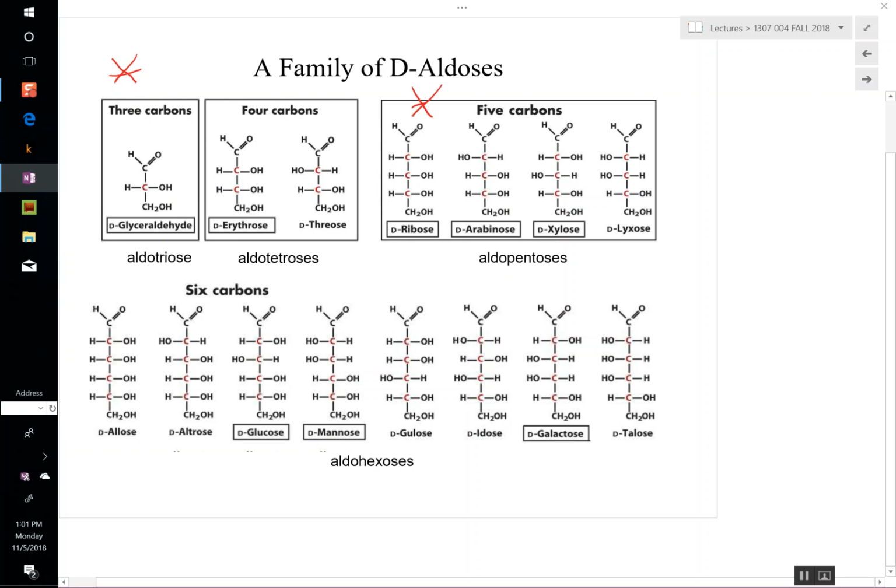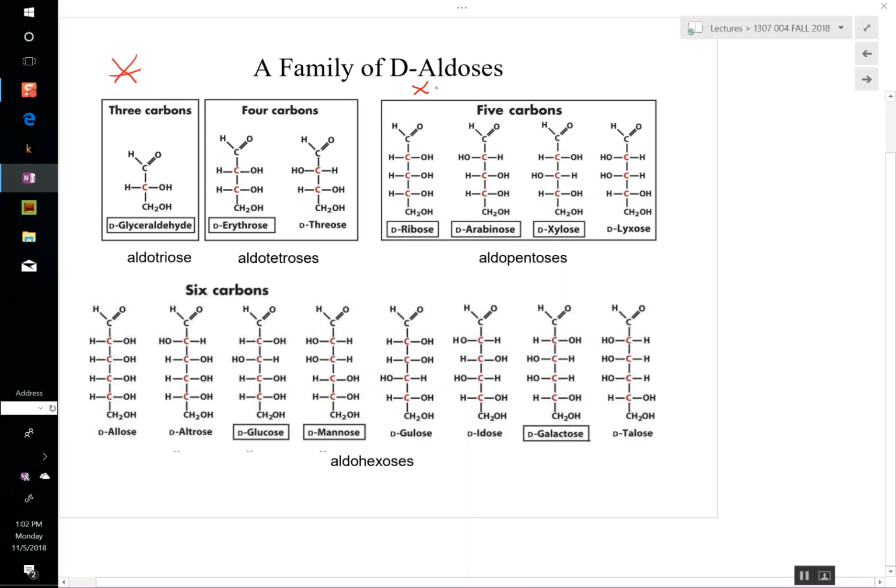Okay, D-ribose. Now the next 4 here have 5 carbons in them. Aldopentoses. There's D-ribose. Right, right, right. They're all on the right. Now why would I want you to pay attention to D-ribose as a monosaccharide?